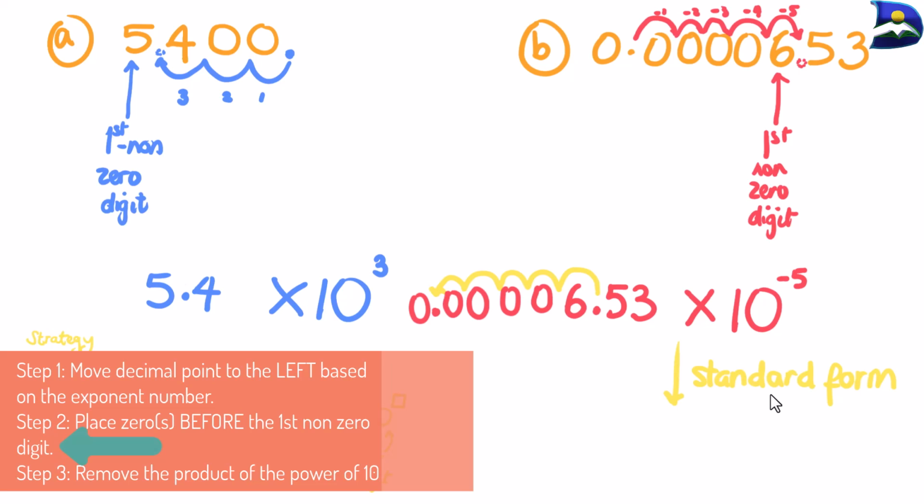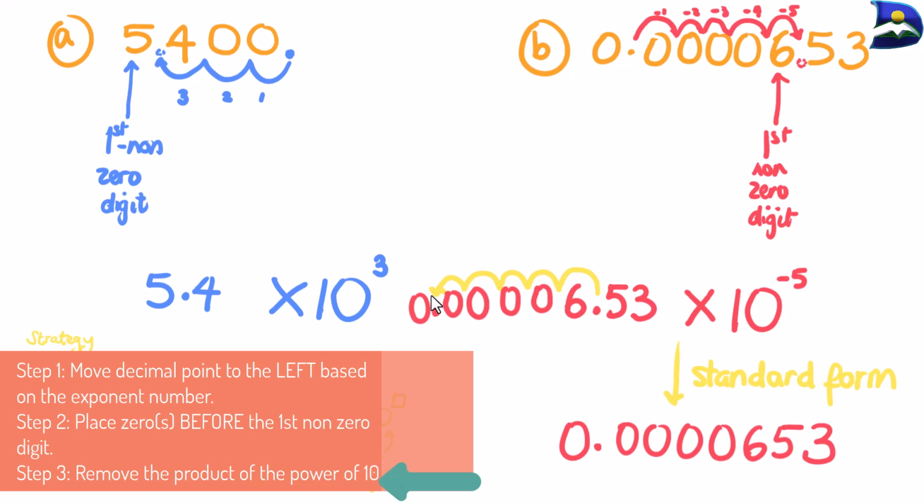We have this 0 point, we have 0, 0, 0, 0, 6, there's no more decimal point, 5, 3, and this here is eliminated because this now shows you the action to take to get back to standard form. And so this is our final answer in terms of converting from scientific notation back to standard form.